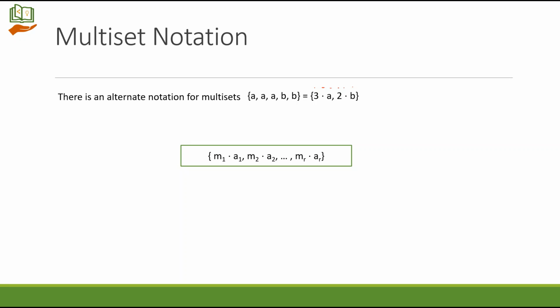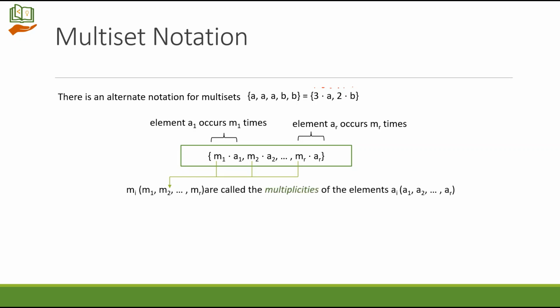So this is the general multiset notation we can take: M1 into A1, M2 into A2, up to MR into AR. So what is this M1 into A1? Element A1 occurs M1 times, and the last one is element AR, which occurs MR times. With every element, the number of occurrences is also mentioned. Now what are these M1, M2 and MR called?